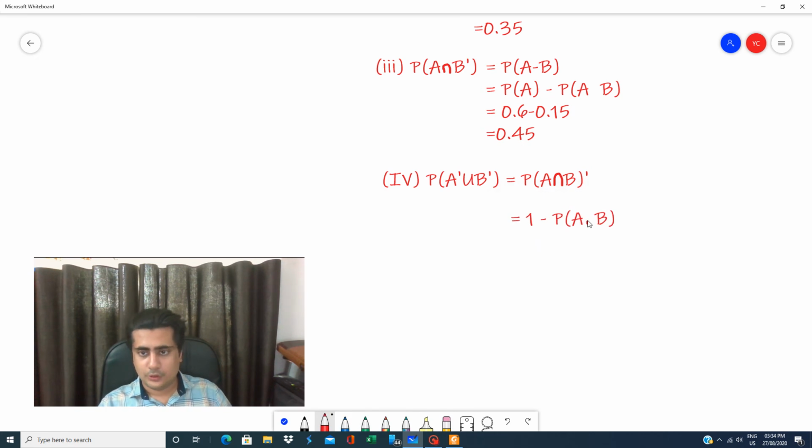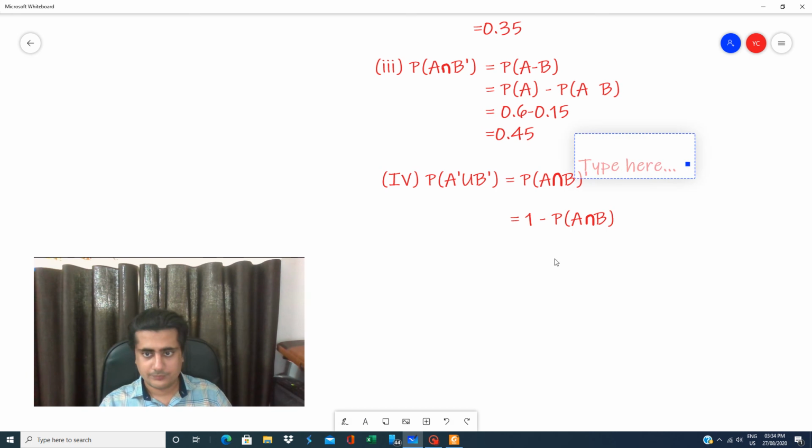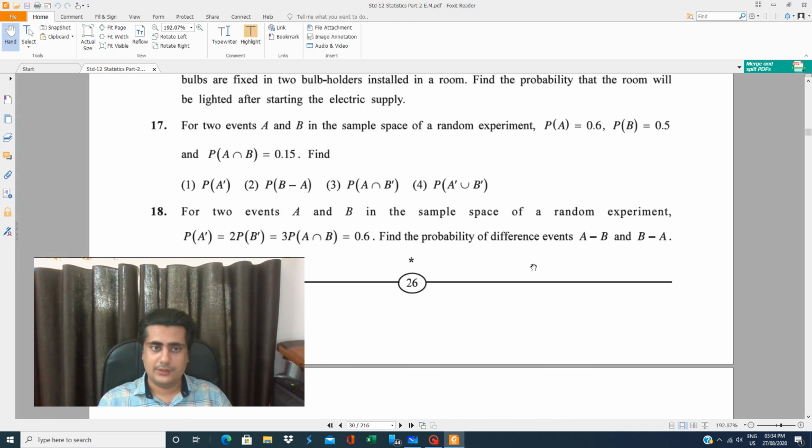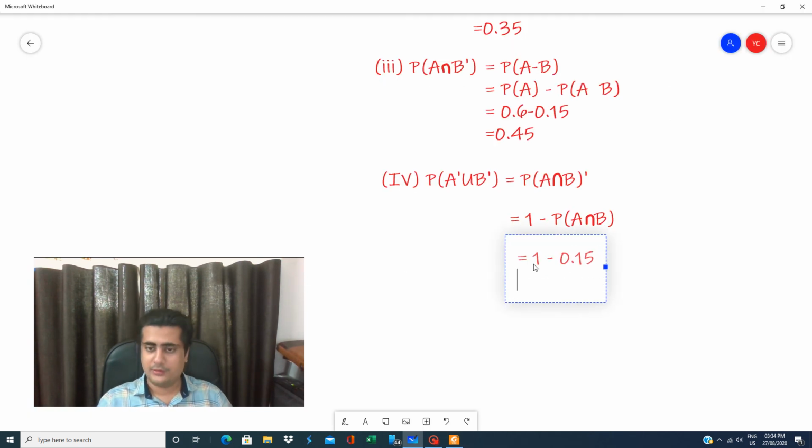That means it's 1 minus intersection. Now what is 1 minus intersection? It is 1 minus. Do you have the intersection? Yes, I have the intersection. It is 0.15, so the answer is 0.85.